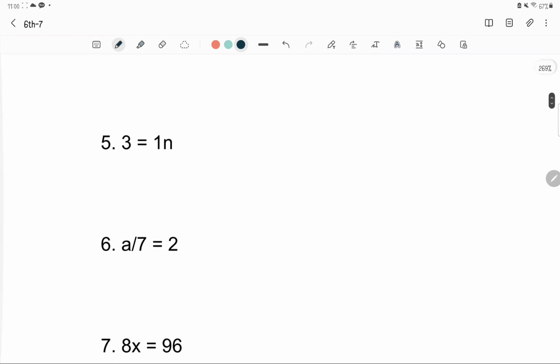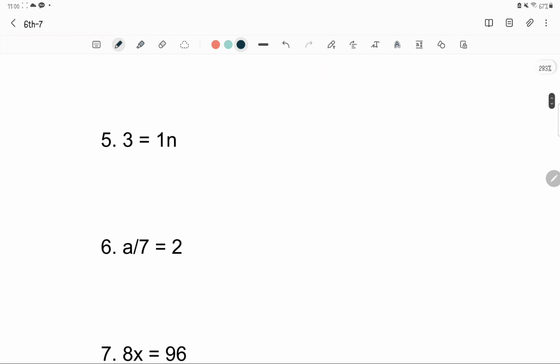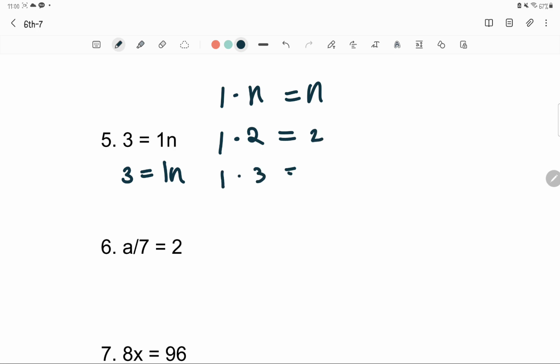And for number 3, this is a good example of actually applying the concept of the equation, because 3 is 1n, right? And 1 times n is just n, because as you know, 1 times 2 is just 2, 1 times 3 is just 3.